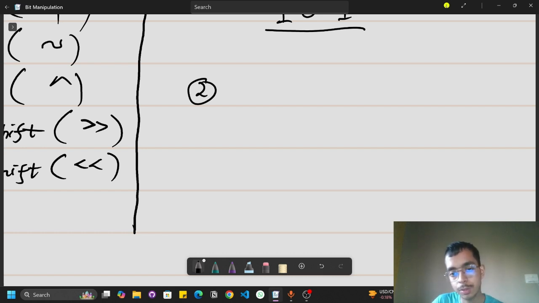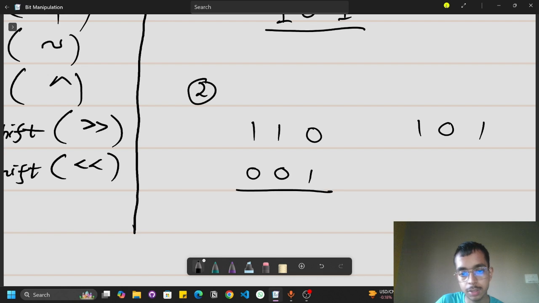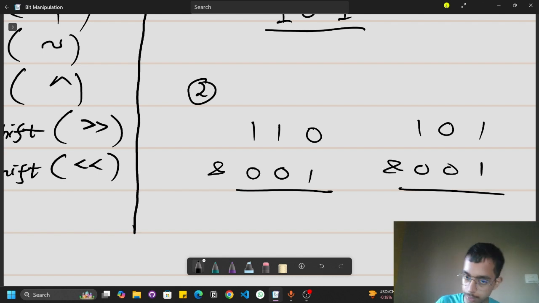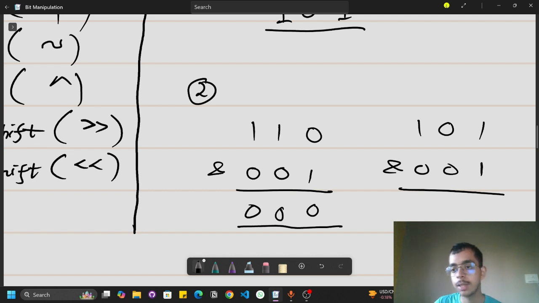Let's say you have two numbers, 110, and another number that is 101. And if I AND them, what will the result be? Let's see. This is 0, 1 is 0, 0 AND 1 is 0, 1 AND 0 is 0. So we got a 0. Here we get a 1, it's a 0, it's a 0.